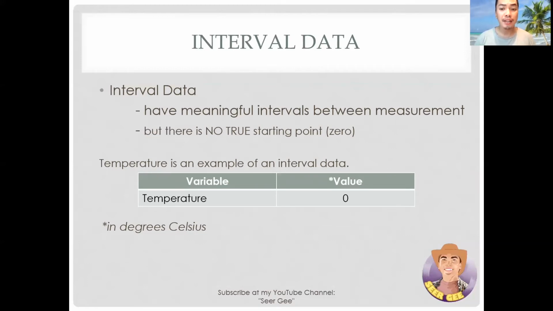Temperature here is interval data because 0 degrees Celsius is not no temperature. What I mean is, when we say 0 degrees Celsius, it doesn't mean no temperature at all, but it means the approximate freezing or melting point of water. So 0 here is not a true starting point. Thus, temperature is interval data.